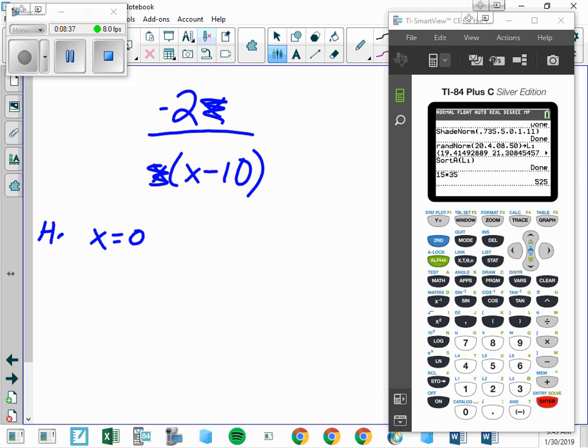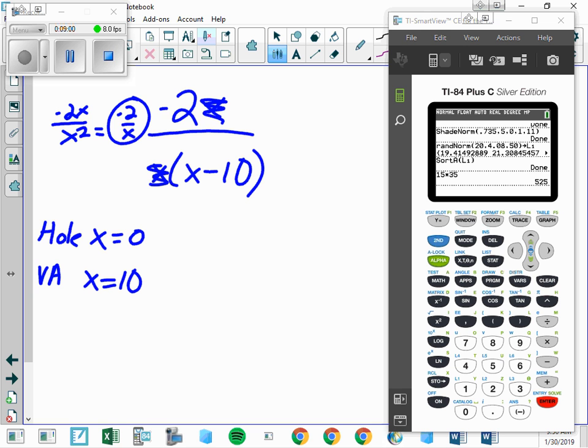There's a hole. Okay. X minus 10 does not cancel. So what happens at x equals 10? It's a vertical asymptote. And I have a negative 2x over an x squared, which simplifies down to negative 2 over x. Does that have an HA?